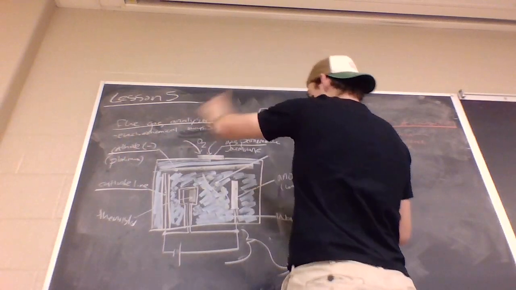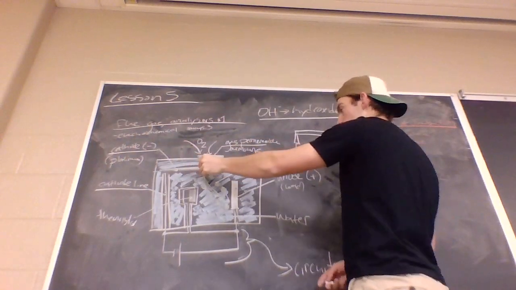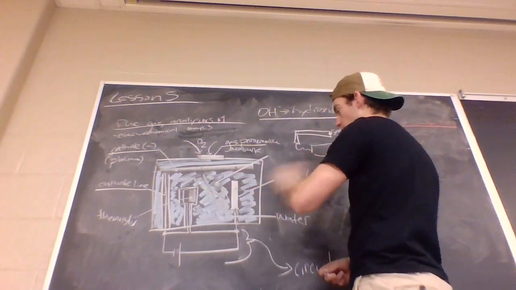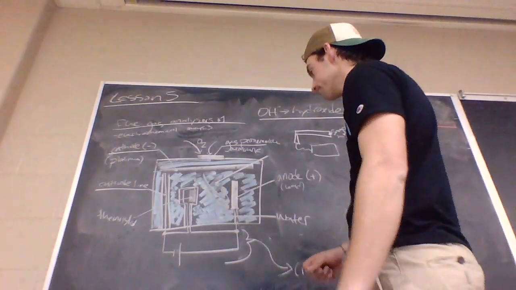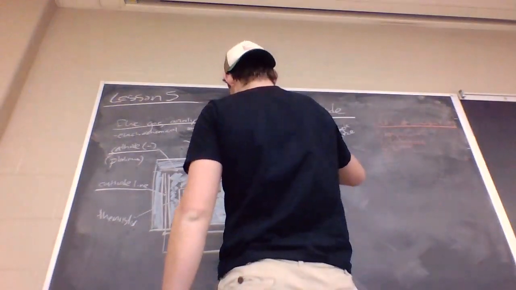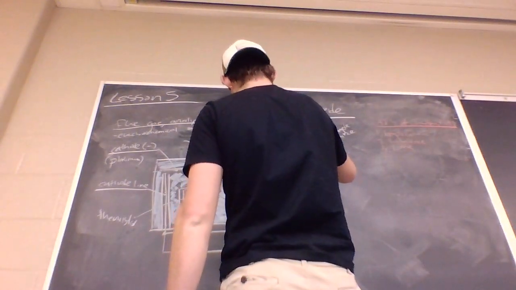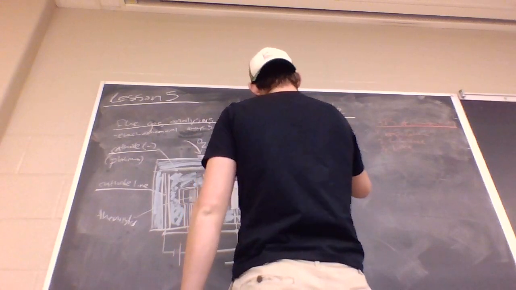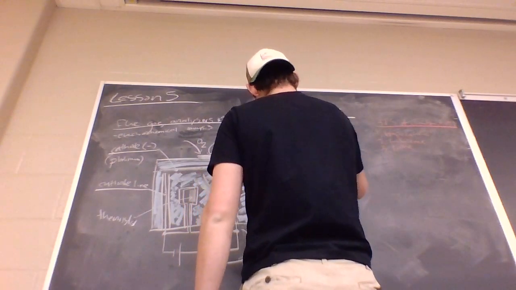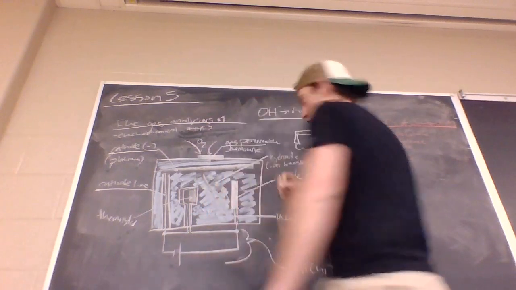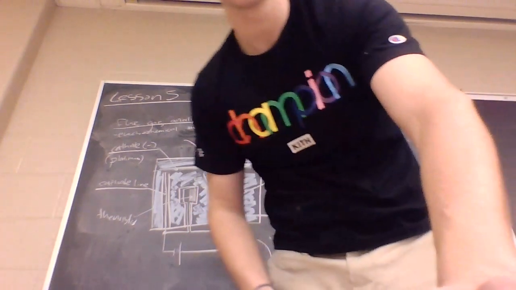And the hydroxide is going to flow from here all the way to the anode, which is also known as the ion transfer, or migration, you could call it.